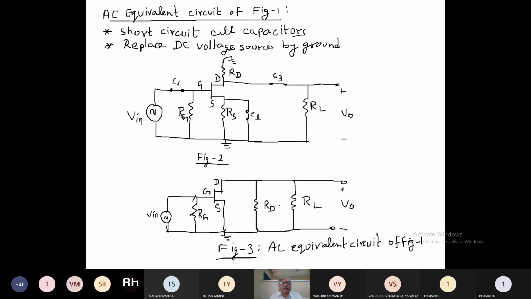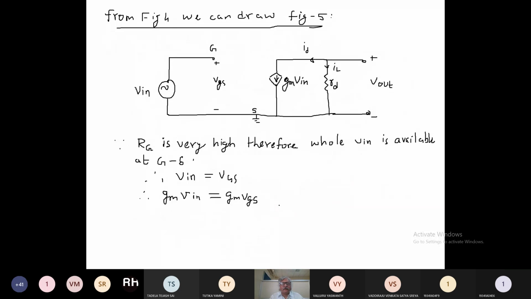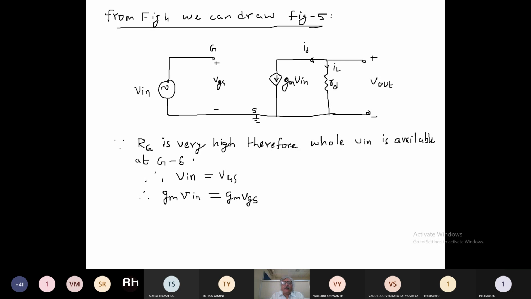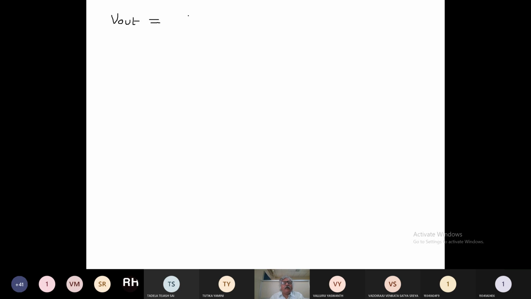Now Vout. If we see this figure, Vout is the voltage across this RD and IL current is flowing through this. So you can write Vout as IL into RD, right?